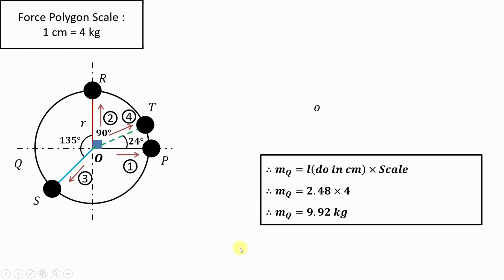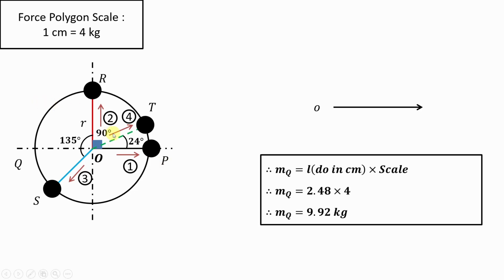Now start with the point O. These are the things which are known to us. So we'll start with P, R, S and T, according to the planes which are given in our table. So first one is that of P. Now always remember that centrifugal force will always act radially in the outward direction.